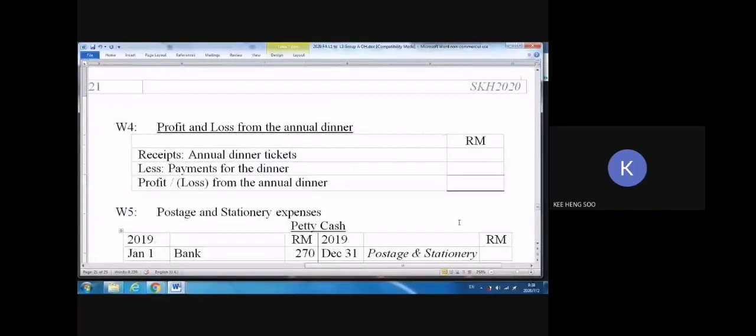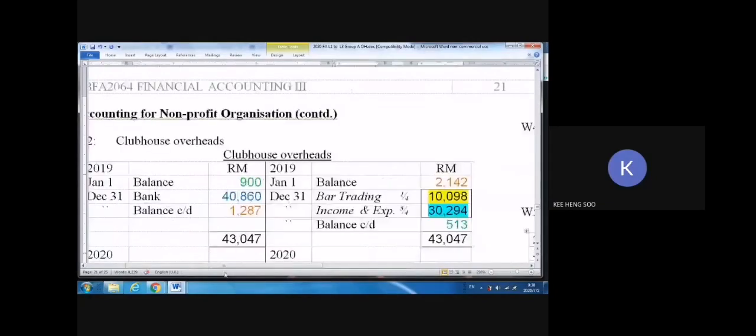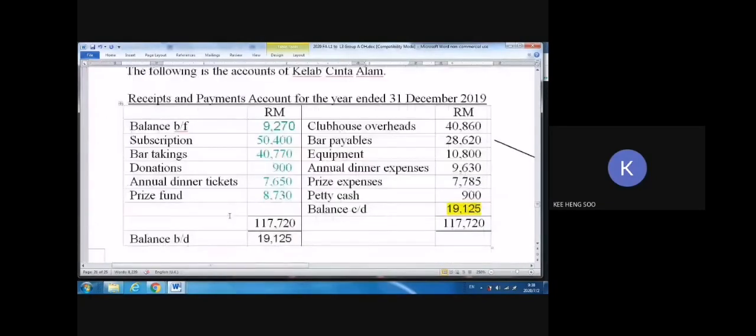Profit or loss from the annual dinner. If you see the annual dinner in the question, okay, I stop for 2 seconds, then you can see my screen. Do you see annual dinner ticket 7,650 and 9,630? This one is income, this is expenses. Do you see that expenses are more than income?